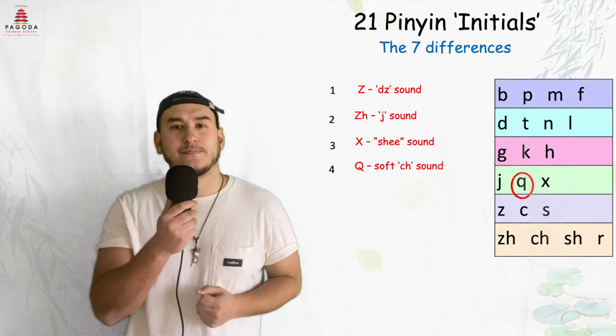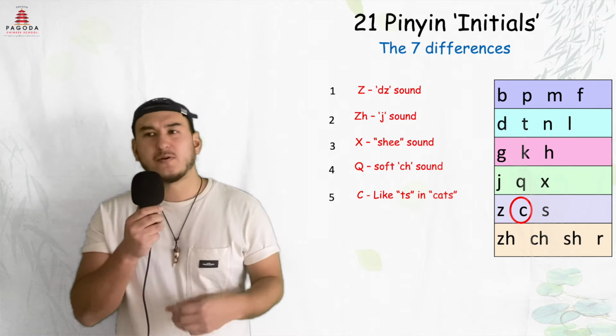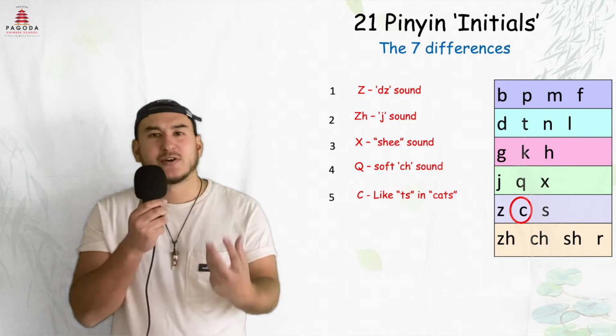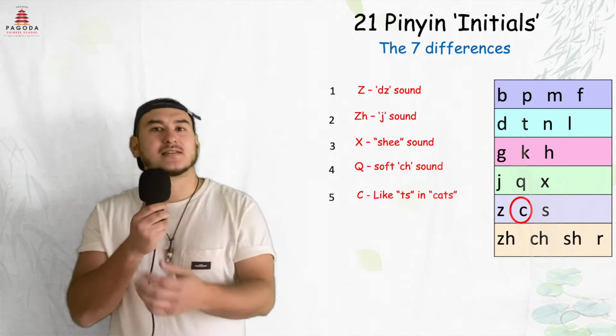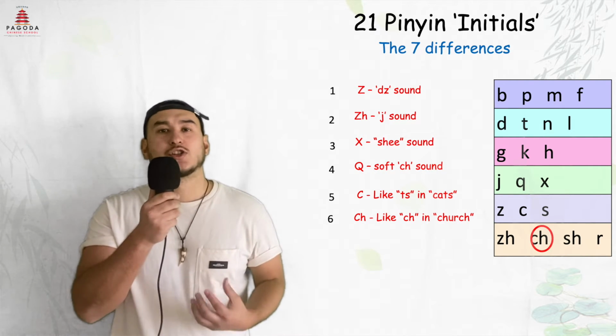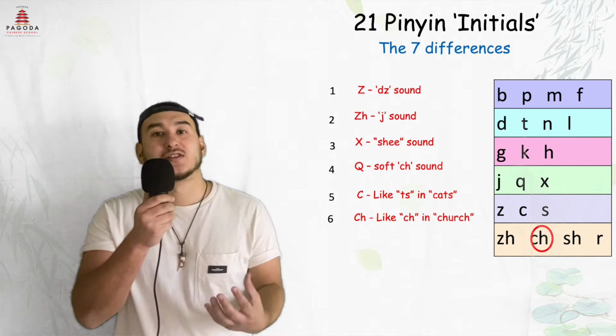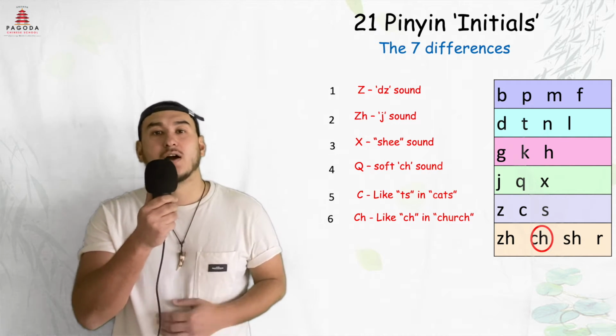Qi. Number 5, Ci. So this is an interesting one because although it's spelled the letter C, it's actually pronounced like Ci, so like the TS in cats. Ci. Number 6, Ch. So once again, this sounds like the Ch in church, but with the tip of the tongue curled further back. Ch.